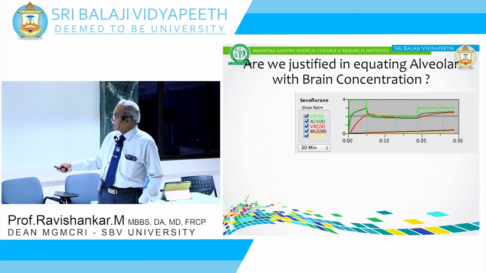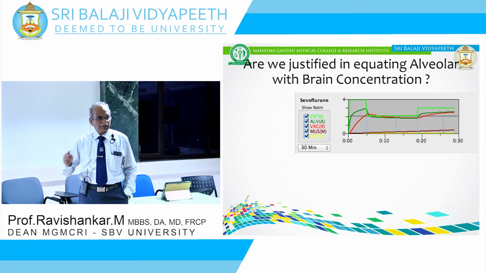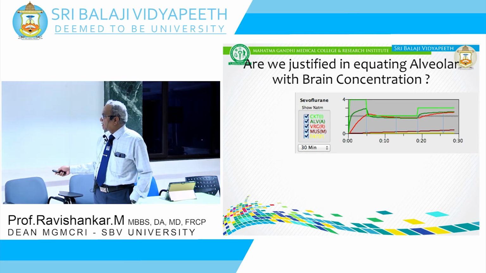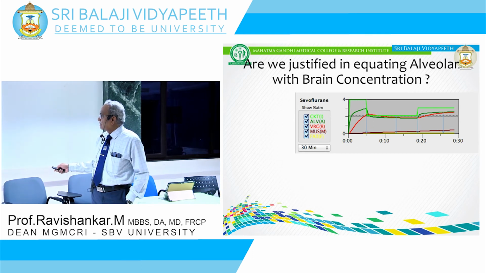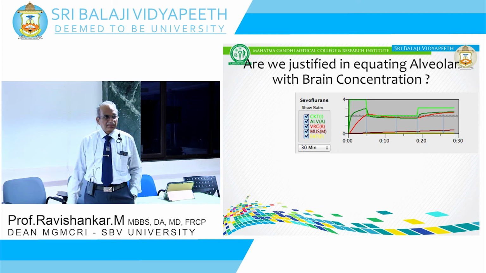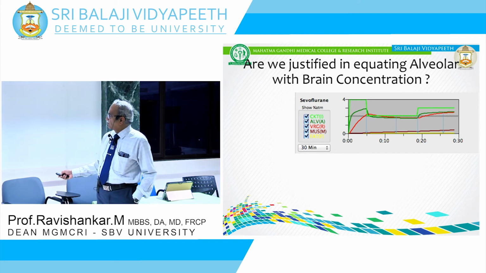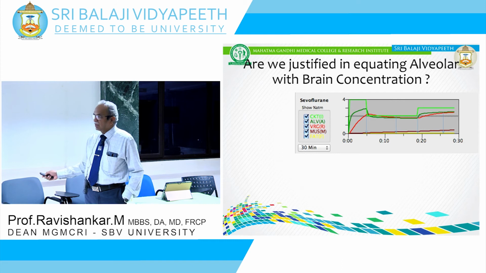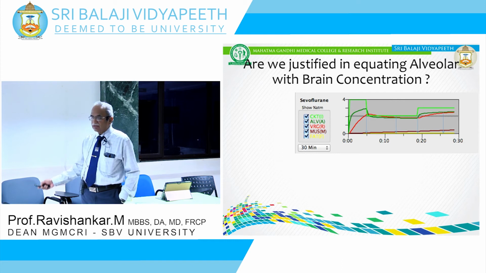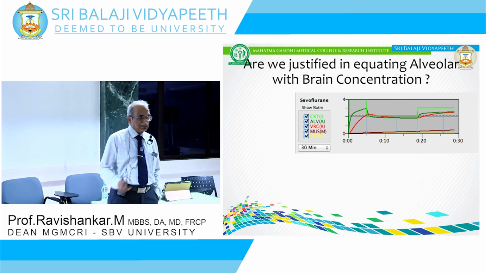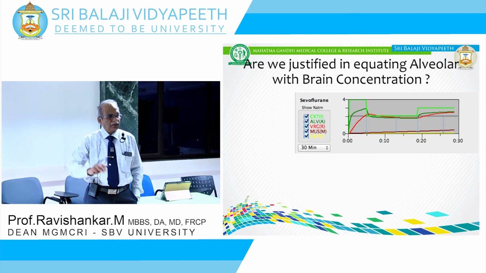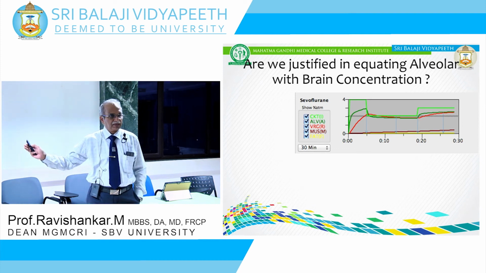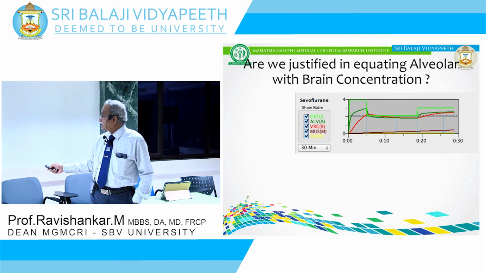So there is a difference between what you administer in the circuit, what you reach in the alveoli, and what is reached in the brain. So there is a time lag. Once you have brought it down, it's about 5 minutes and they have equilibrated when you have kept it at that level. So there is a lag between what is there in the alveoli and the concentration in the brain. That is at the start of anesthesia.